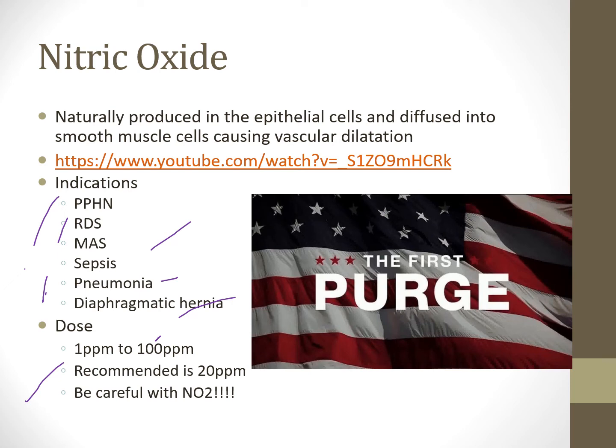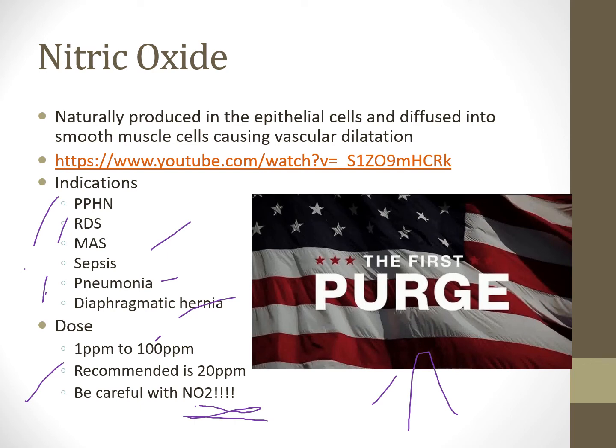The big thing here is to be careful with nitrogen dioxide, which is NO2. When you go to shower, do you just step into the shower and turn on the water, or do you turn on the water first, let the cold water purge, and then get into the shower? Of course, you let it purge. So with the classic INOmax nitric delivery, make sure that you purge the nitrogen dioxide first.